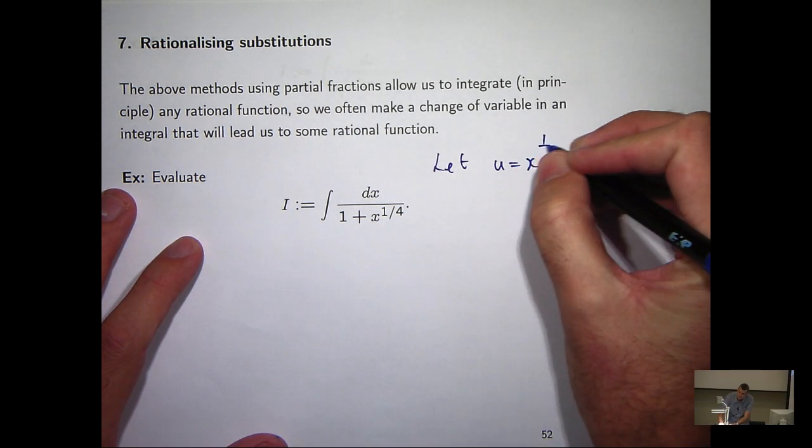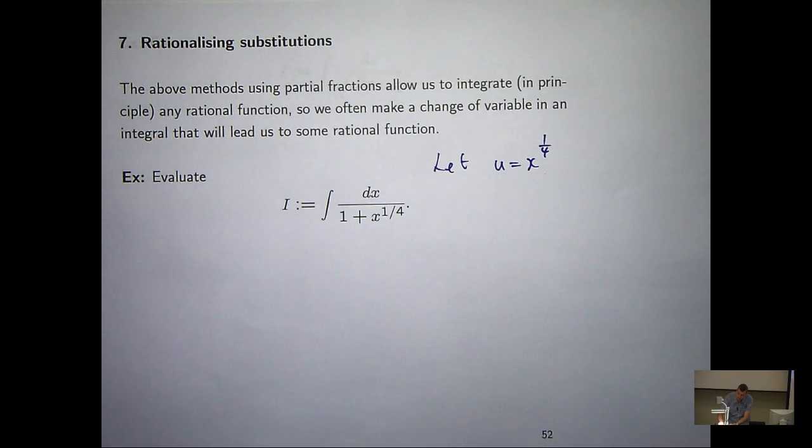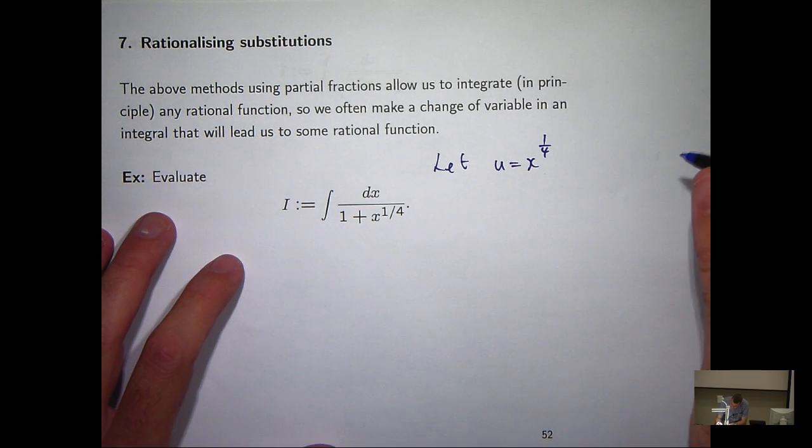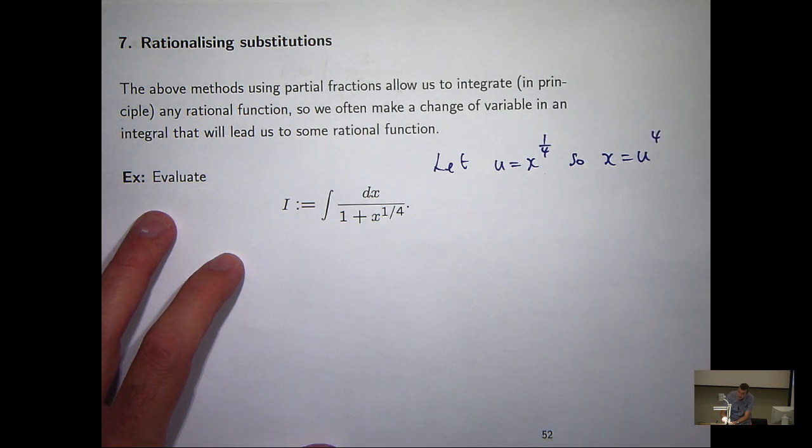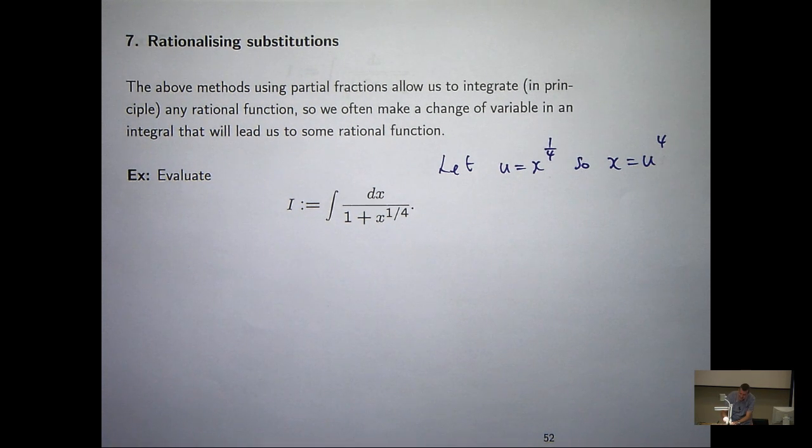Actually, I'm going to switch it around a little bit and let u equal x to the 1/4. So if you rearrange that, you get x equals u to the power 4. Now, with substitutions, you of course need the differential. We need to calculate dx in terms of du.